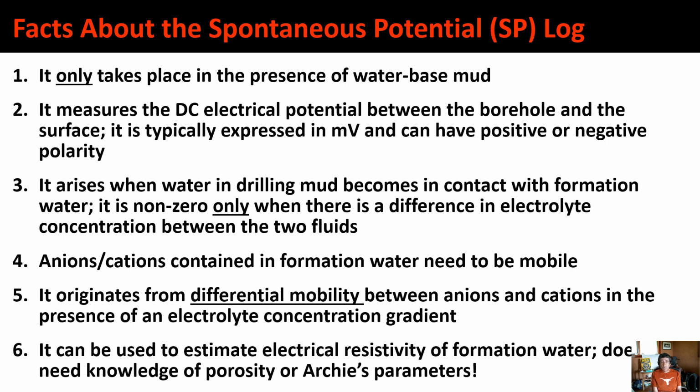The difference in mobility and the presence of a concentration gradient, the two of them are going to be responsible for the presence of this electric field inside the borehole that we measure with that moving electrode.